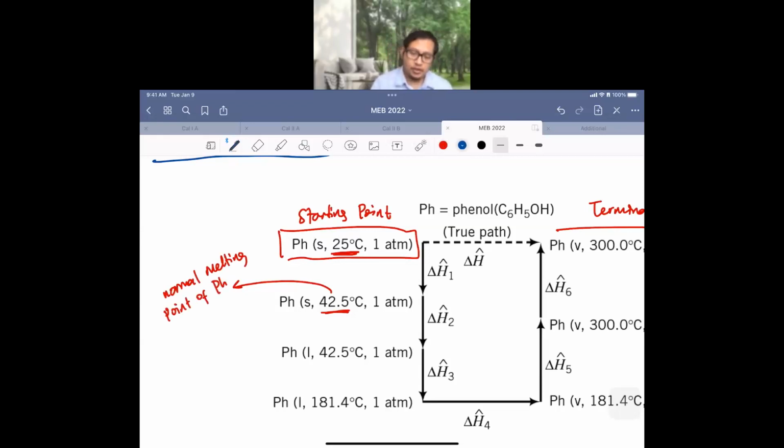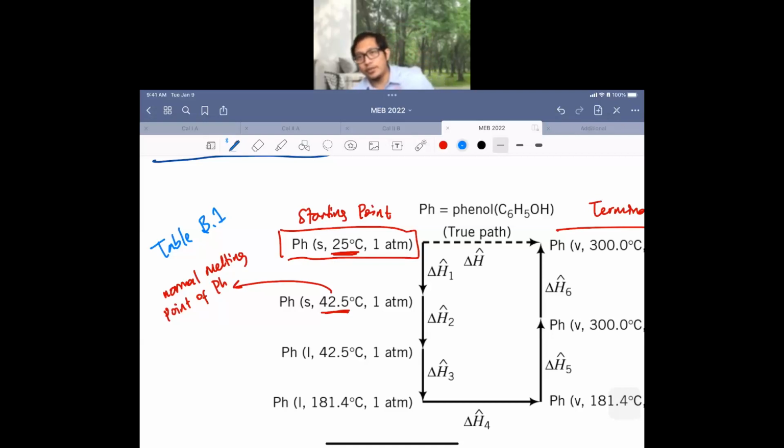And you may look in Table B1. So in Chapter 8, most of the time, you will be dealing with Table B1 to look up either the melting point or boiling point. So if you check B1, that will be your cases.